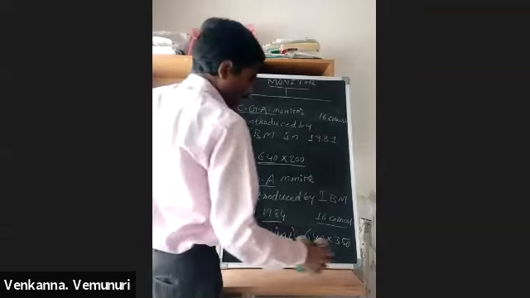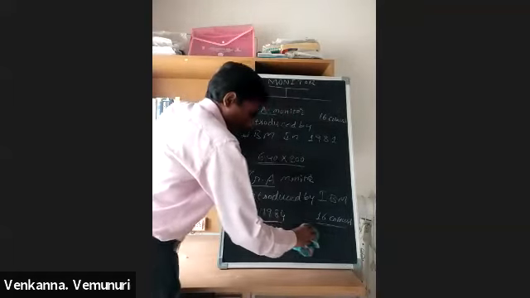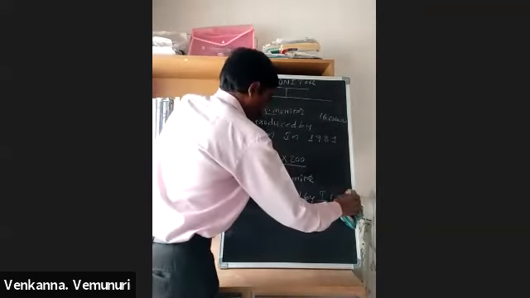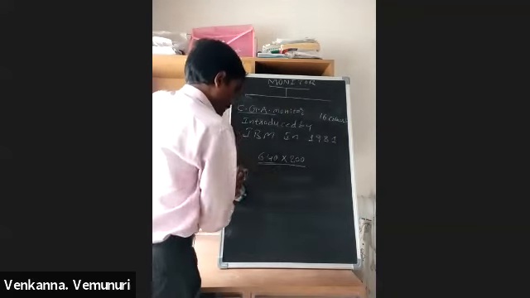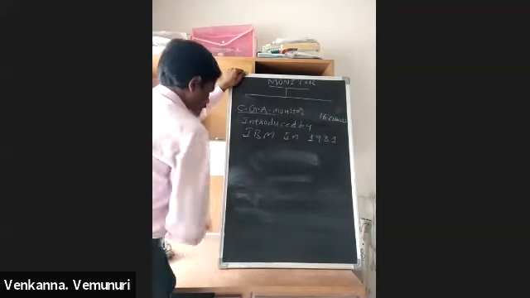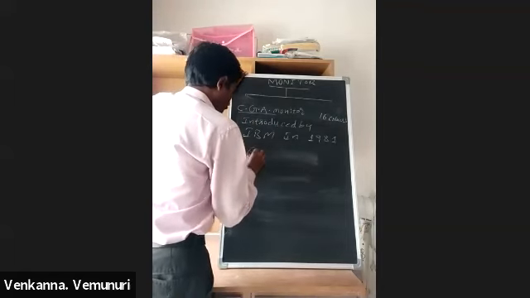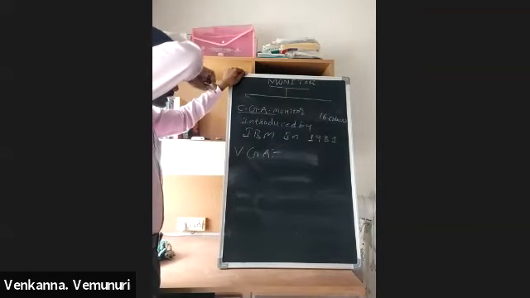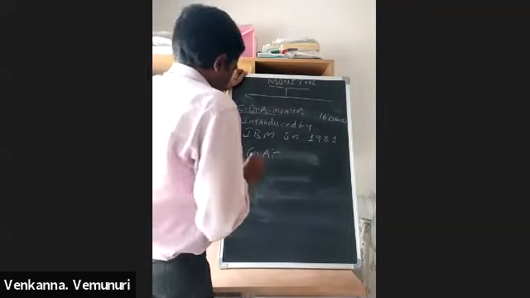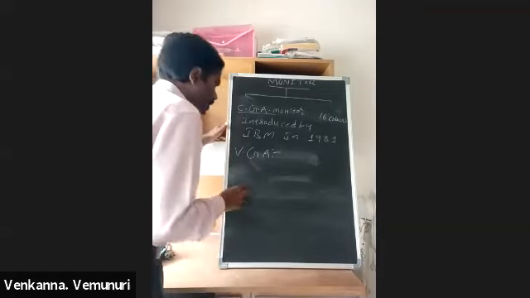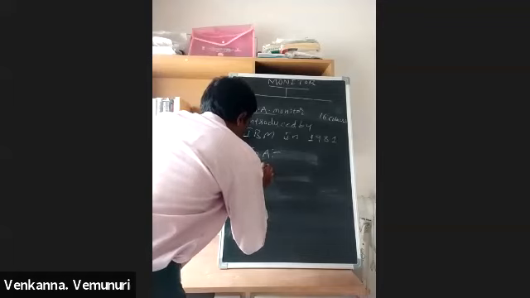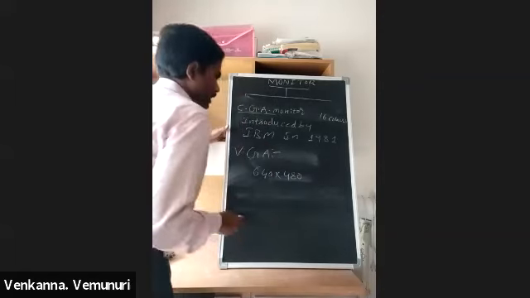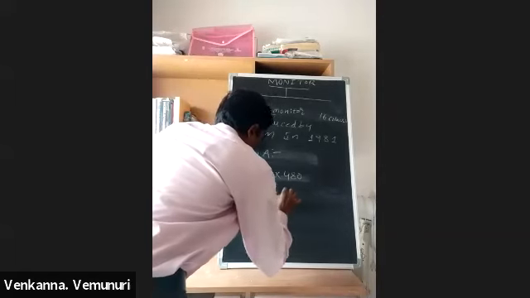Video graphics array. Next, the VGA monitor, video graphics array monitor. This monitor resolution is 640 by 480 and it has 256 colors.